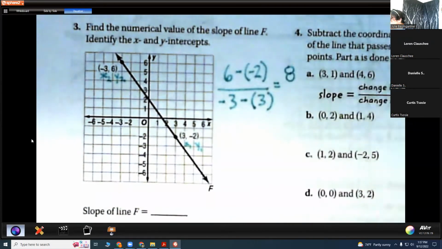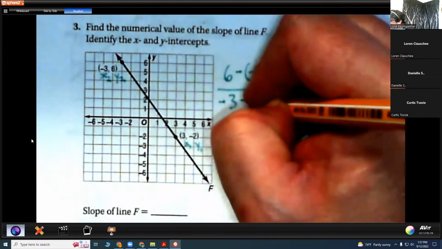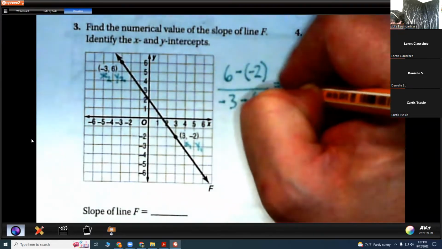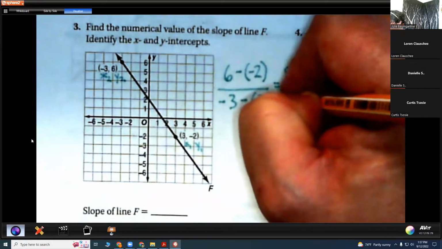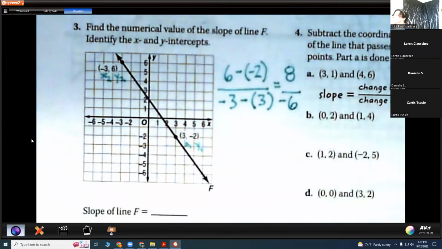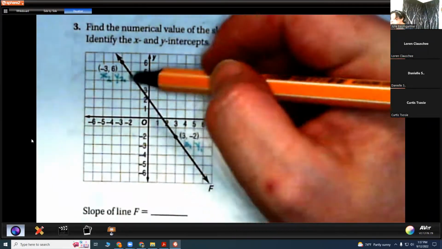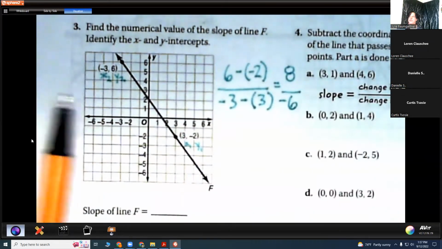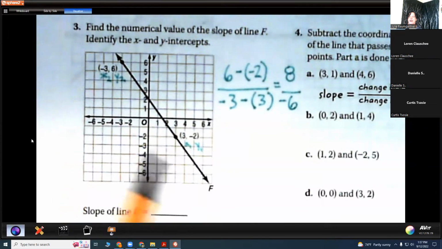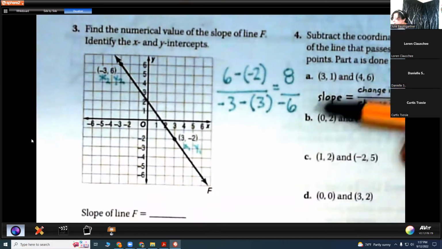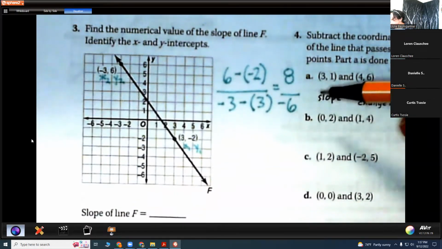And then -3 minus 3 is going to give me -6. Hopefully everyone saw that the slope is going to be negative, from the shape of the line. Good.